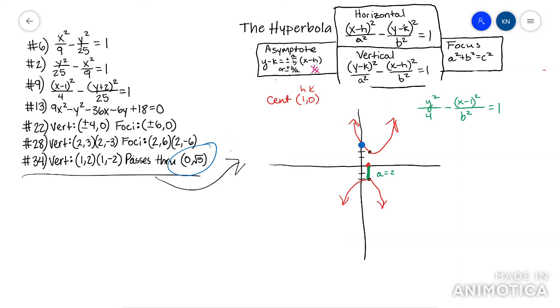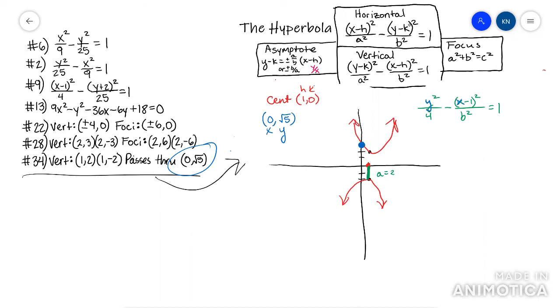Okay, now they give us this point, (0, root 5). Well, this is an xy coordinate. And so what you can do with this information is just straight up plug it in for y and for x into this equation.